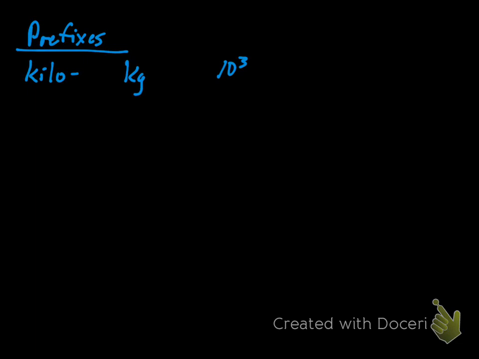So a kilogram is 1,000 grams. But we have other prefixes that we'll commonly use. We'll commonly use centi, as in, say, centimeter. That's 10 to the minus 2. Milli, it's 10 to the minus 3.